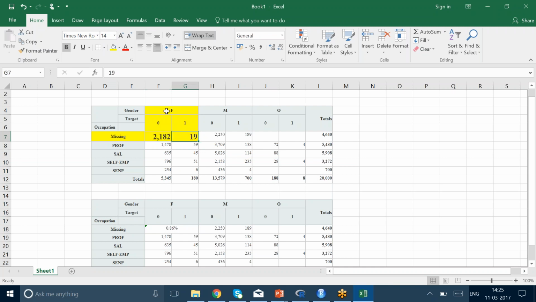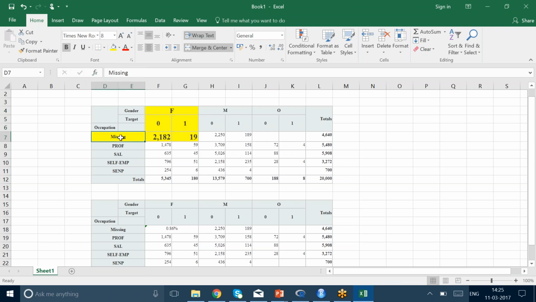I did a ratio of occupation missing and gender female, and then I'm saying 19 divided by 2182 plus 19, that is 0.86 percentage, which is, if someone's occupation is missing and gender is female, in that segment 0.86 percentage of customers are likely to respond. What this means is, if I target 100 such customers from my database where occupation is missing and gender is female, then out of 100, one is going to respond to my offer.